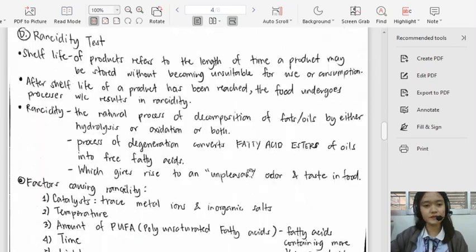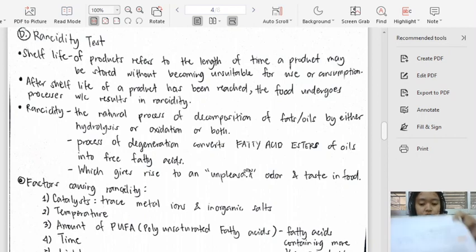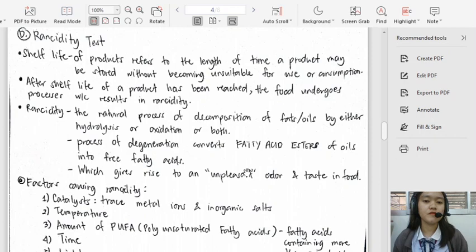Next, rancidity. Okay, so meron dito introduction ng rancidity. So, when you say shelf life, this is the range of time kung saan sinustore mo yung isang food and pwede pa siyang kainin.